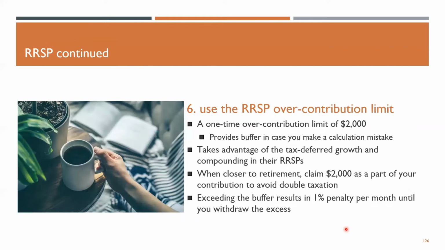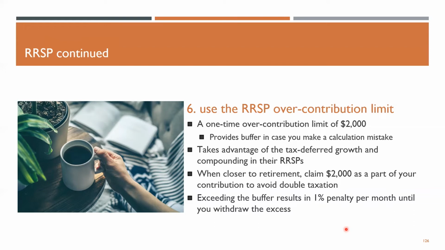The sixth benefit of RSPs is that you can use the over contribution limit also. There's a one-time over contribution limit of $2,000. This is a buffer in case you make a calculation mistake and you go over the limit. This takes advantage of the tax deferred growth and compounding impact.